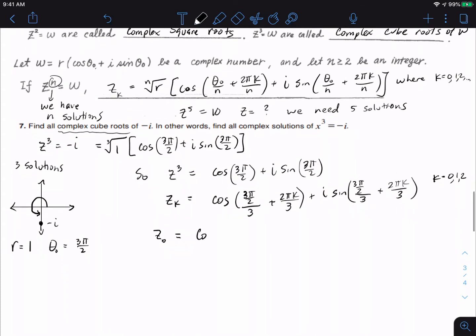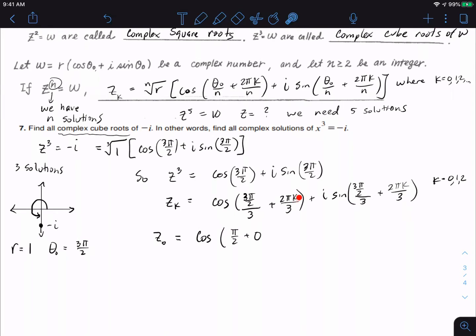All right, so this is going to be cosine of pi over 2 plus 0. And the reason it's 0 is because my k, when I first start, is going to be 0, on the first example. Plus i sine of pi over 2 plus 0.